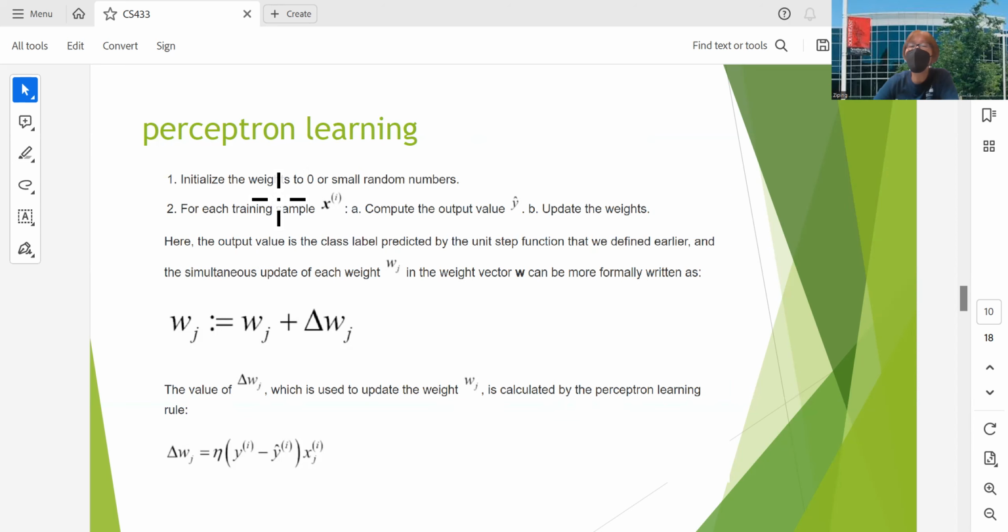Then for each sample, you calculate the output based on the weight, and you calculate this y hat. Y hat is the calculated output.